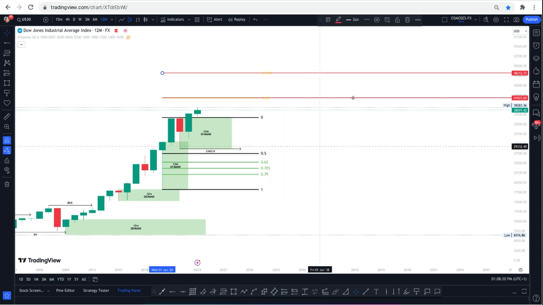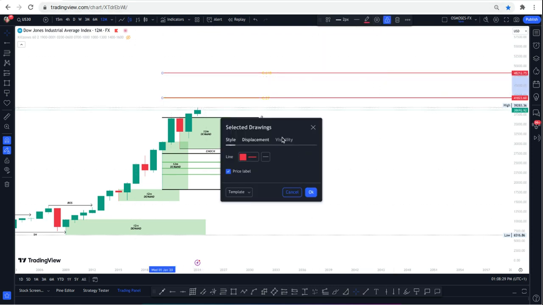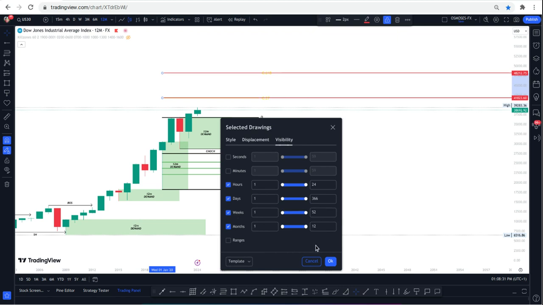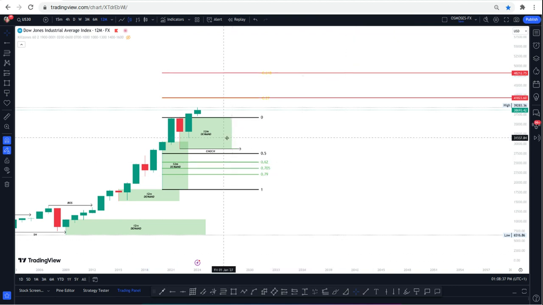Okay, both zones are fine. So I would like those zones to show on all time frames, so I can remove this.